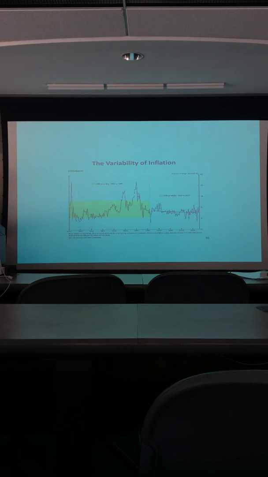That has been a thing in the United States until the financial crisis, and in many other countries. Notice that the success of inflation targeting is to be judged not by how close inflation is to the 2%, but by the extent to which monetary policy is lowering the volatility of the growth rate of output and the inflation rate.